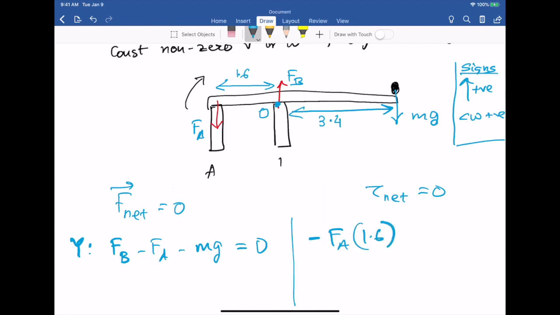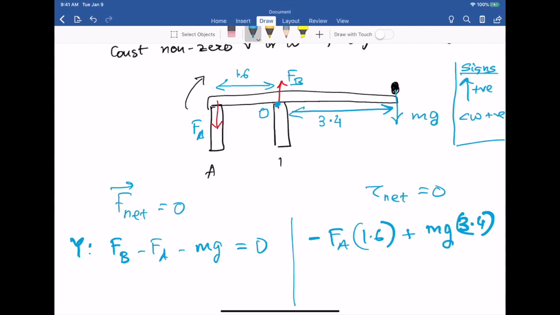And then what about Mg? Mg is exerting a clockwise torque about the point O. So the torque of Mg should get a positive sign. And so the torque will be Mg times 3.4.